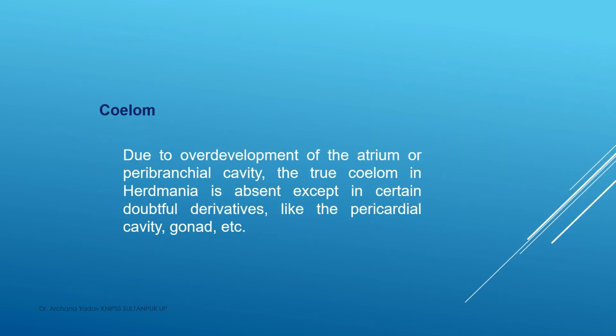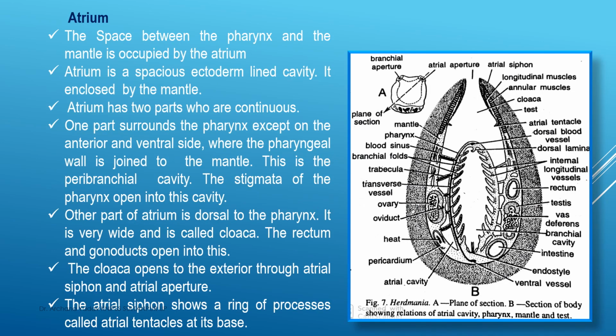Now about the coelom. Due to the overdevelopment of the atrium, or you can say peribranchial cavity, the true coelom in Herdmania is absent. Atrium is the cavity or space lying between the mantle and pharynx, and it is an ectodermal lined cavity, enclosed by the mantle. The atrium has two parts.